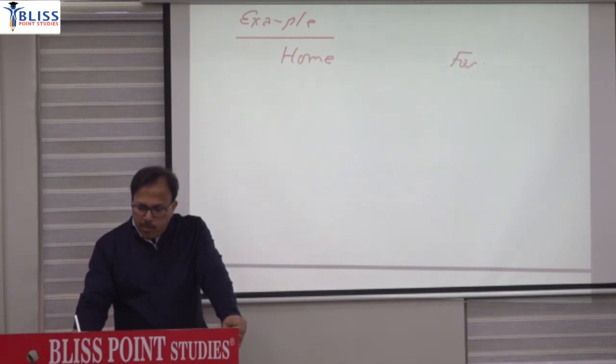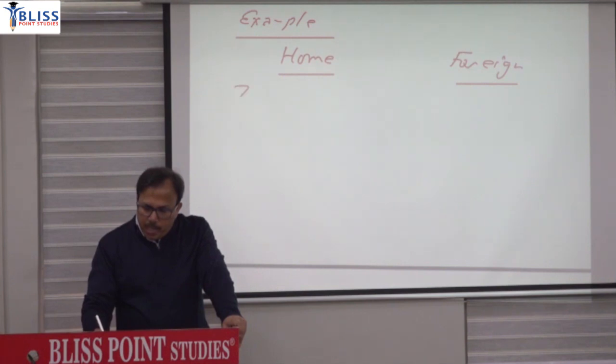Now see this example first. Suppose for the home country I am giving you some information, as well as for the foreign country. In home country, ALC is 6 hours.